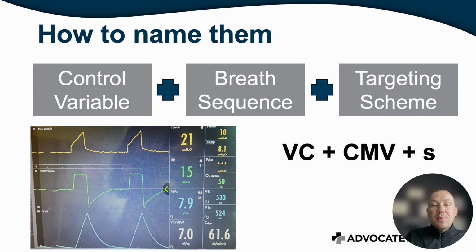It will be a CMV mode because all the breaths that we can tell, at least on this waveform, look like mandatory breaths because they were initiated and cycled by the machine. Additionally, we can see that the ventilator achieves the set target volume, so likely the targeting scheme would be a set point.